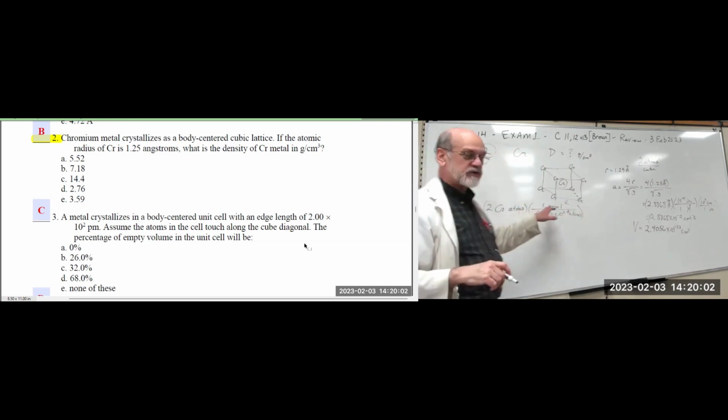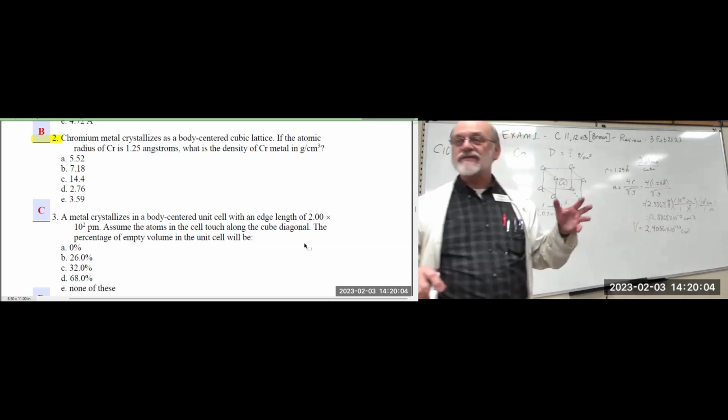So here we have 2 chromium atoms. And we have 6.022 times 10 to the 23rd atoms per mole. I got rid of the atoms, now we're in moles. The reason I went to moles is because the only way I can get the mass is to go through the molar mass of the element.